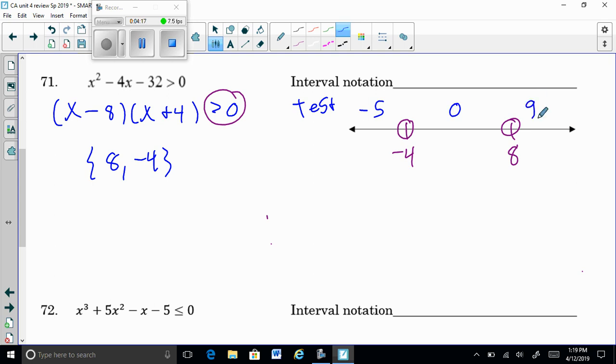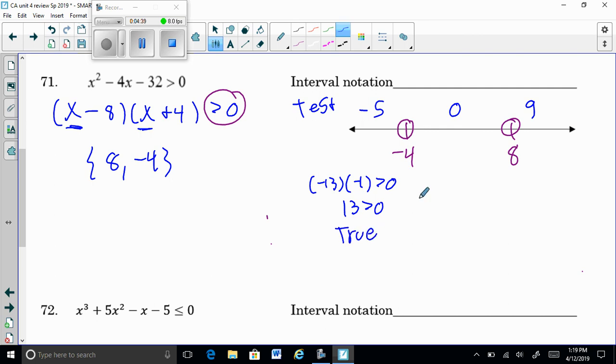If it works, great. If it doesn't, that's fine too, just don't shade. We'll plug into the factored form. When you plug in -5, you get -13 times -1. Is that greater than 0? Yes, because a negative times a negative is positive, so that comes back true.